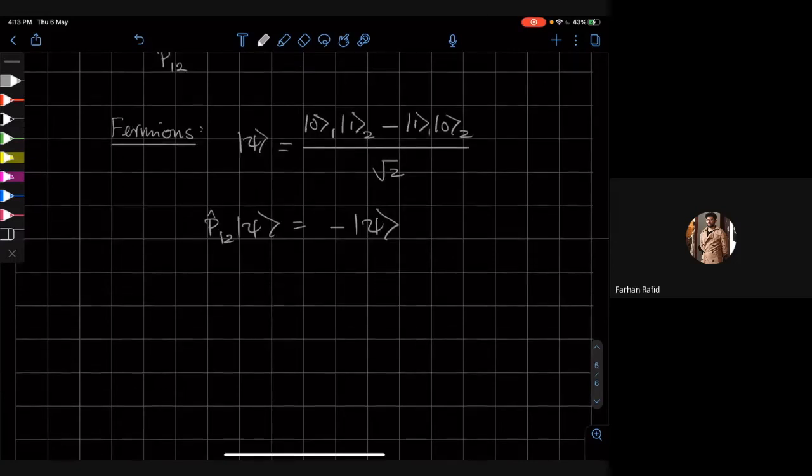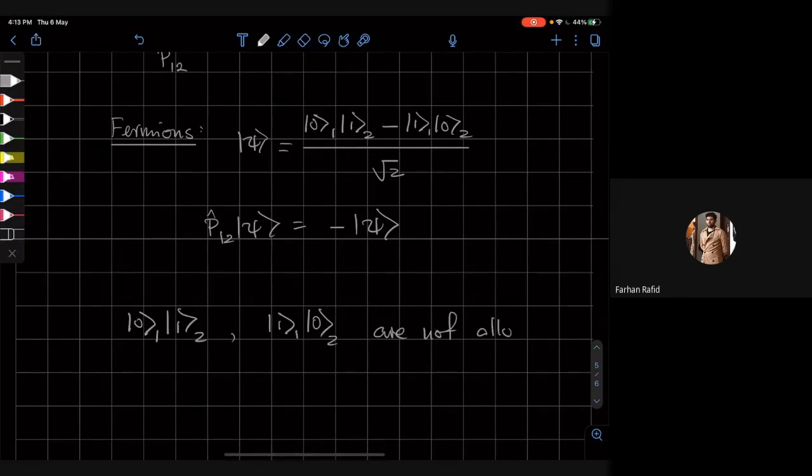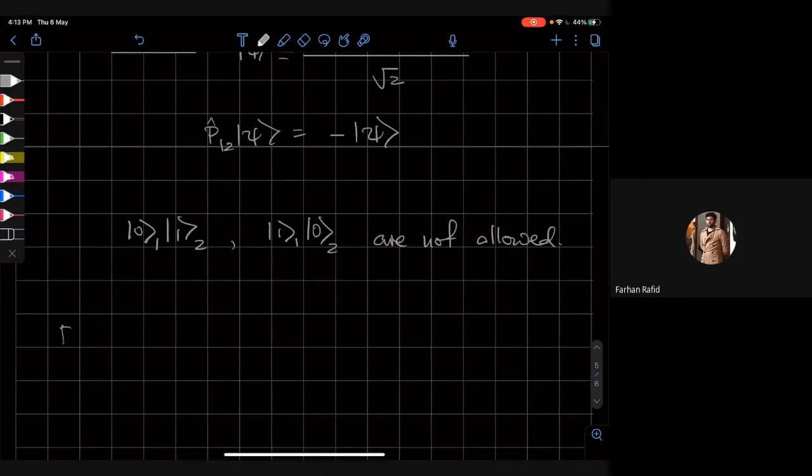Now, see that the symmetry and the antisymmetry preclude states such as this, or say this. Not allowed. Okay. Now for fermions, states such as this are also not allowed.